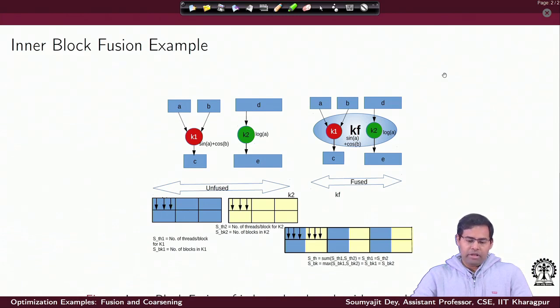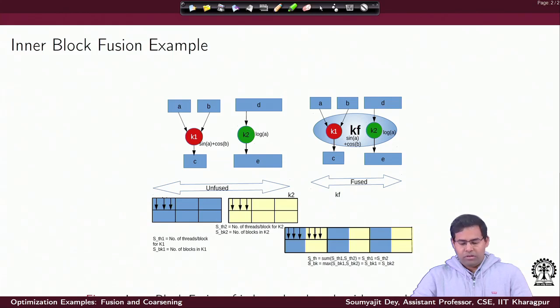So, let us come to the example of doing inner block fusion of independent kernels. We go back to our original examples of K1 and K2, fine. When we are fusing these two, as you can see, for K1 the operation was sin A plus cos B and we are storing the value in the buffer C. For K2 the operation is log2, and it gets stored in the buffer E. When I am fusing them, all we will do is first define the number of threads per block and the number of blocks.